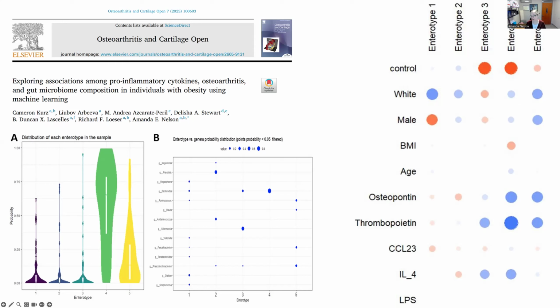And then we can take the enterotypes as clusters now, right? Instead of all these individual bacteria and multiple testing, et cetera, we just do these 5 tests to ask, are these enterotypes associated with important clinical characteristics? And we see that 3 and 4 are actually more likely in controls. We see some race and gender differences and some differences here by biomarker levels. So those might be hypothesis generating for future work.